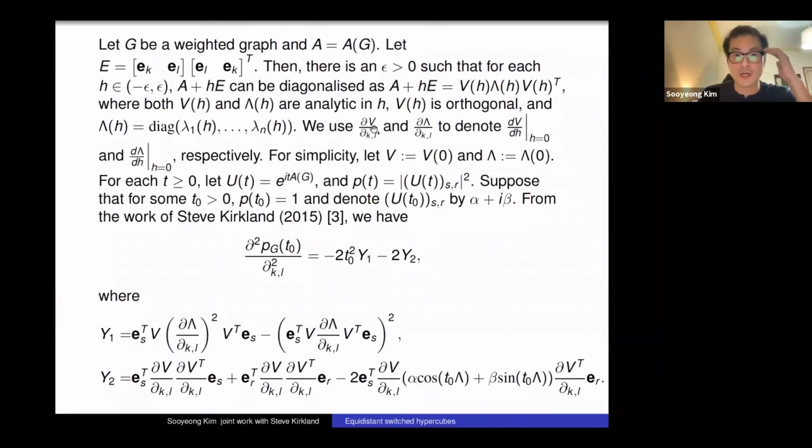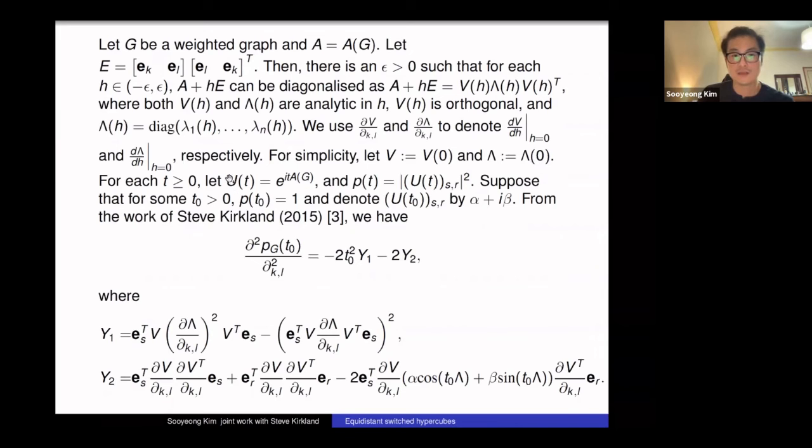We use the notation round V over round K and L, and round lambda over round K and L, to denote the matrices obtained by differentiating with respect to H and evaluating at H equals 0. For simplicity, we use V and lambda for V of 0 and lambda of 0.